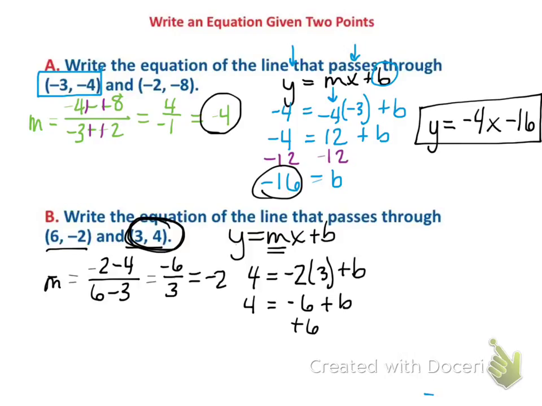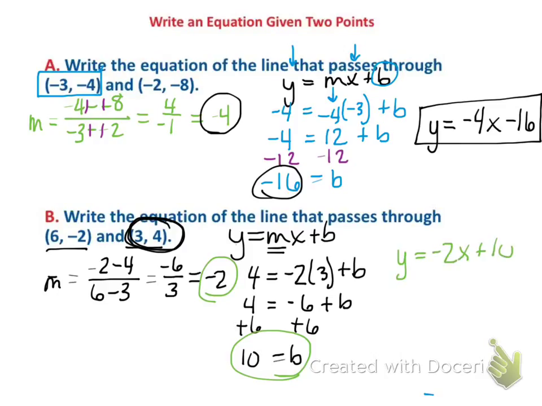Add 6 to both sides, so 10 equals b. Now I plug in my m and my b into y equals mx plus b. I knew you'd think this is easy.